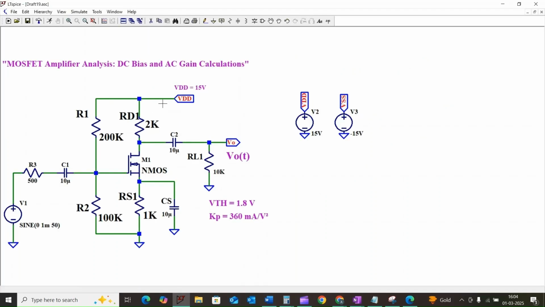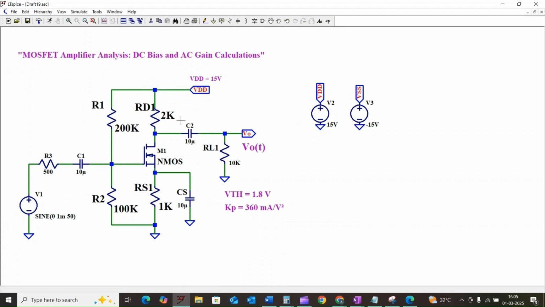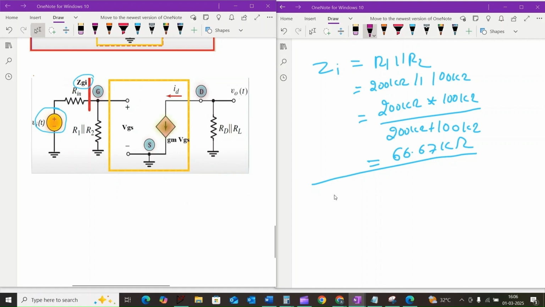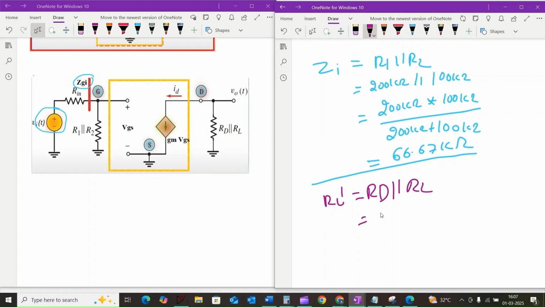Similarly, on the output side, the drain is connected to VDD through RD. Output is connected to the capacitor C2. In the AC equivalent circuit, the drain resistance RD is parallel to the load resistance RL. So that the load resistance RL dash is equal to RD parallel to RL. That is equal to 2 kilo ohm parallel to 10 kilo ohm.